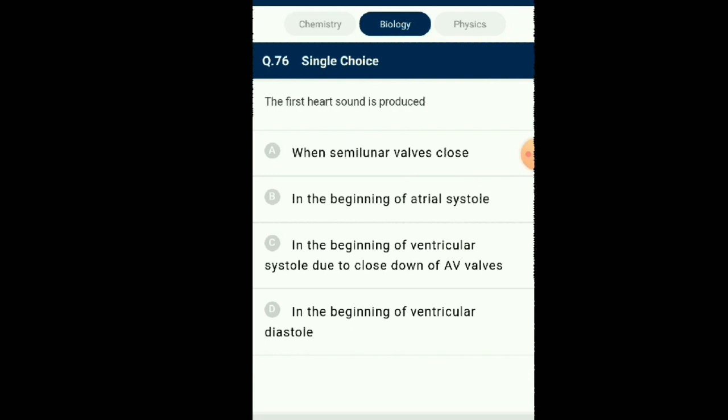The atrioventricular valve between the right atrium and right ventricle has three flaps or cusps and is therefore called the tricuspid valve. So the answer for this question is: in the beginning of ventricular systole, due to closure of AV valves, that is atrioventricular valves.